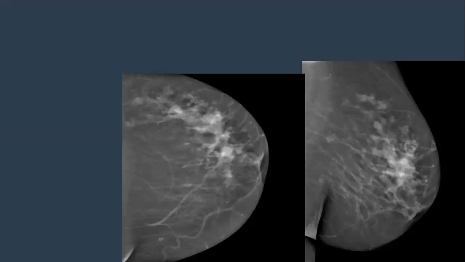Is it in the upper lateral? Yes. Upper outer left breast. Okay. Architectural distortion associated with nipple retraction. That is it. Before nipple retraction, look at the medial breast, the lateral breast, the inferior and the upper breast.